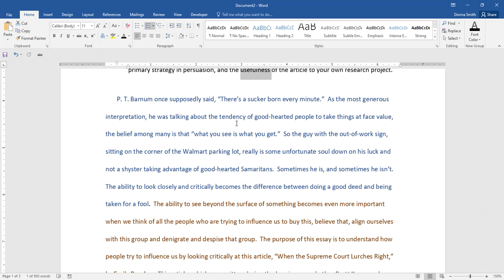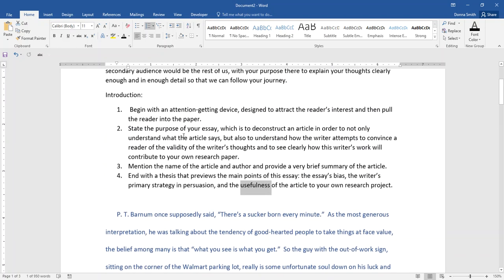So the guy with the out-of-work sign sitting on the corner of the Walmart parking lot really is some unfortunate soul down on his luck and not a shyster taking advantage of good-hearted Samaritans. Well, sometimes he is, and sometimes he isn't. The ability to look closely and critically becomes the difference between doing a good deed and being taken for a fool.